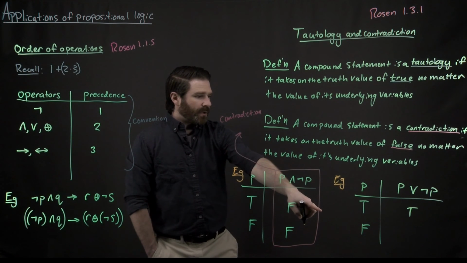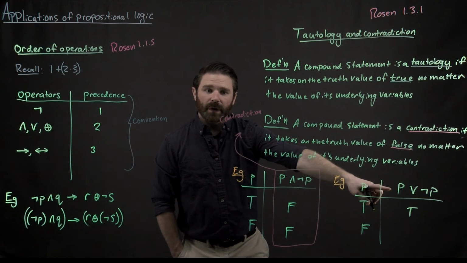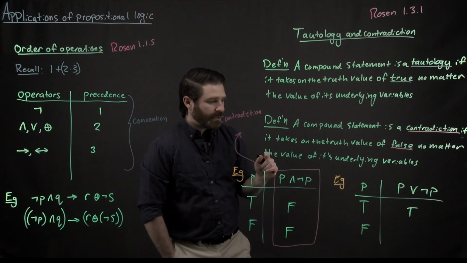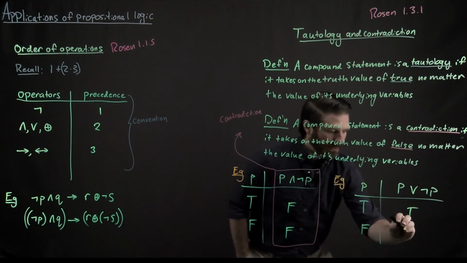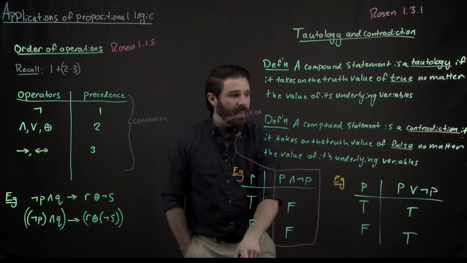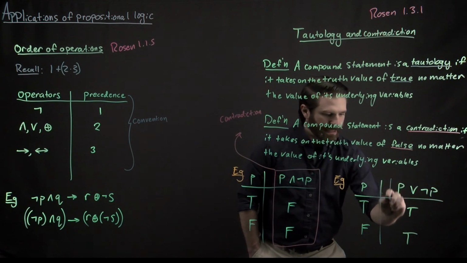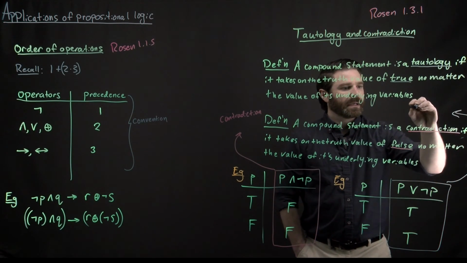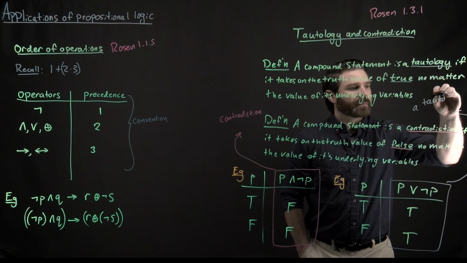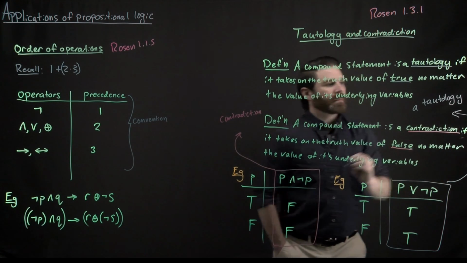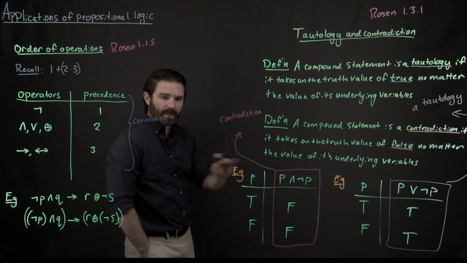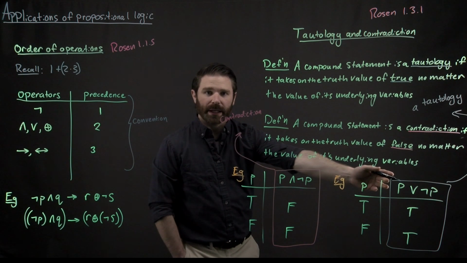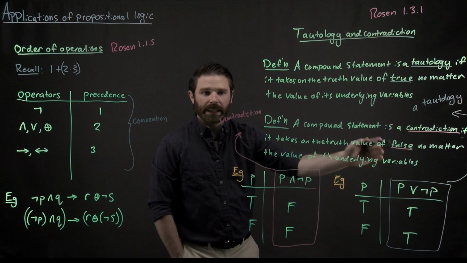And in the last row right here, well, the first one is false, but the second one right here, it flips it, so the false becomes a true, and so it's a false or true, which is also a true statement right here. So because of that, this right here is indeed a tautology. No matter the values of its underlying variables, this compound proposition right here is always going to be true.